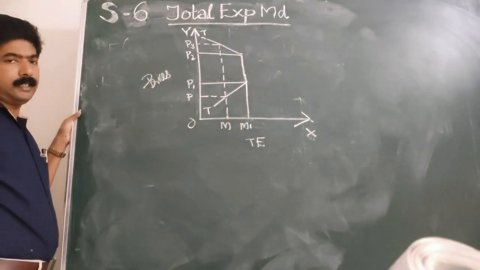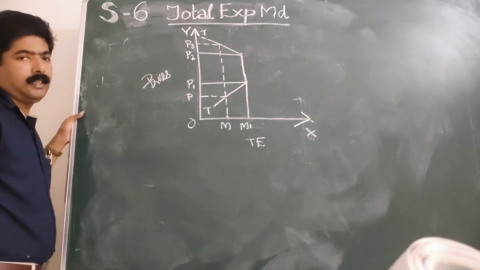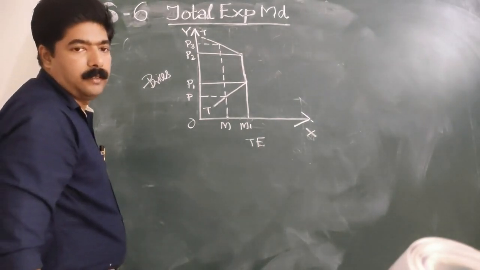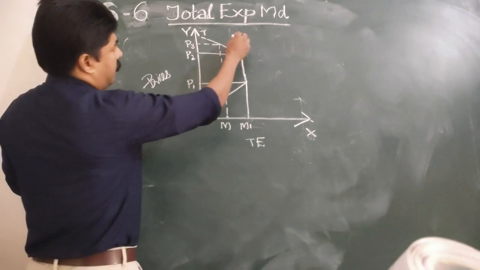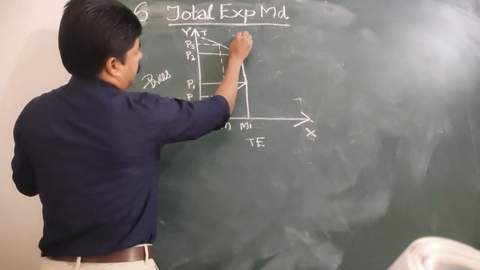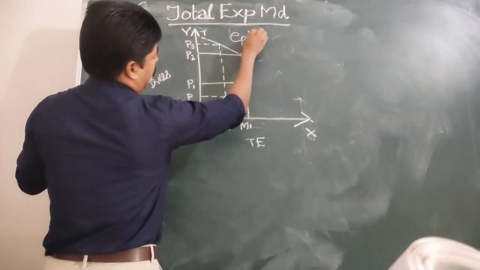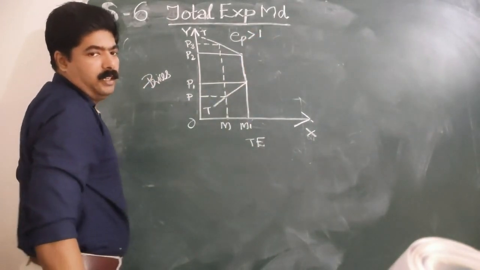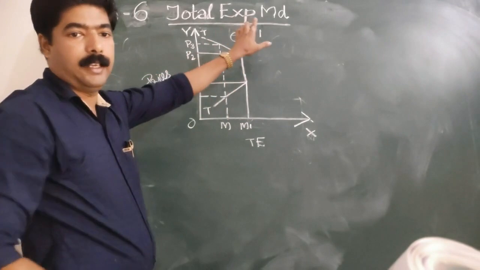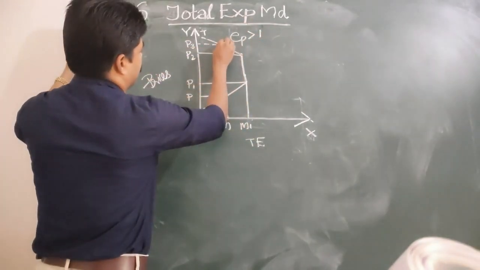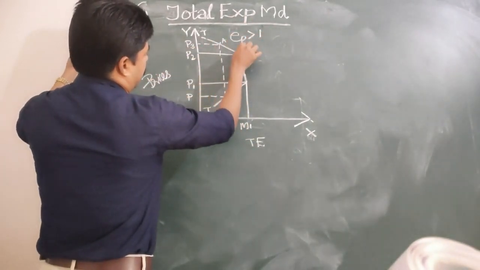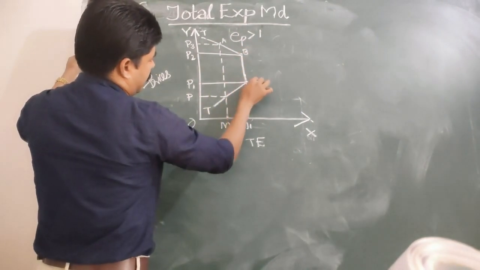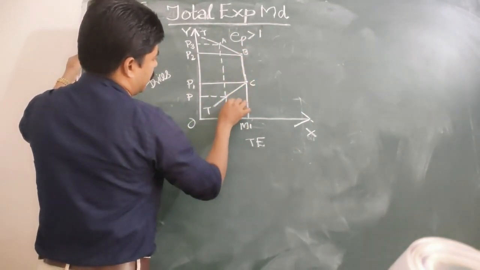We have seen that the three types are elastic, inelastic and unitary. In the first case, we can say price elasticity is greater than 1. This is a particular zone. This is A and B, then C, then D, different zones.